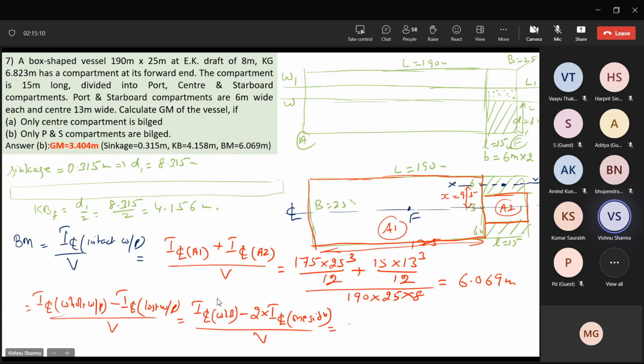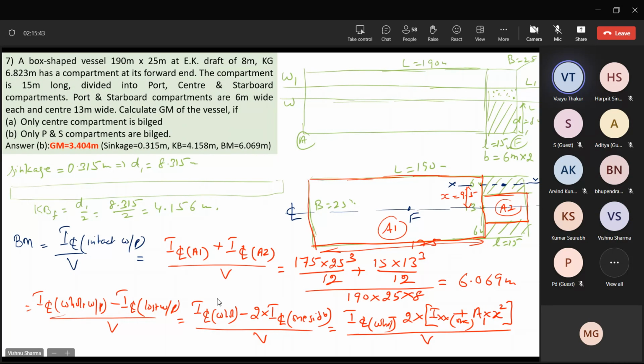By the theorem of parallel axis, this will be ICL of the whole water plane minus 2 into Ixx of one area plus one area into x square. Correct, beta? Do you agree with me? Yes, sir. And somebody who wanted to know about theorem of parallel axis, is that clear?